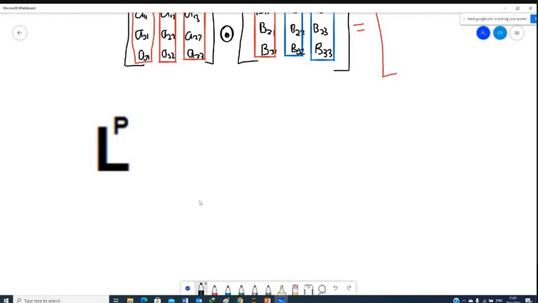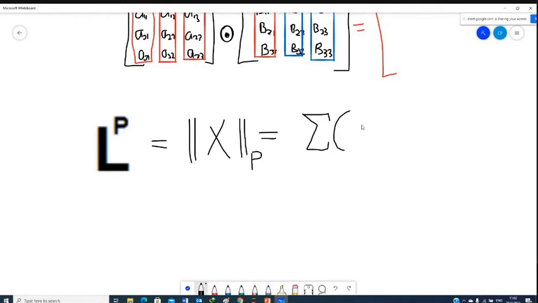It is represented by two double lines around x with a p, and the formula is equal to the summation of the modulus of xi, to the power of p, and everything to the power of 1 over p.